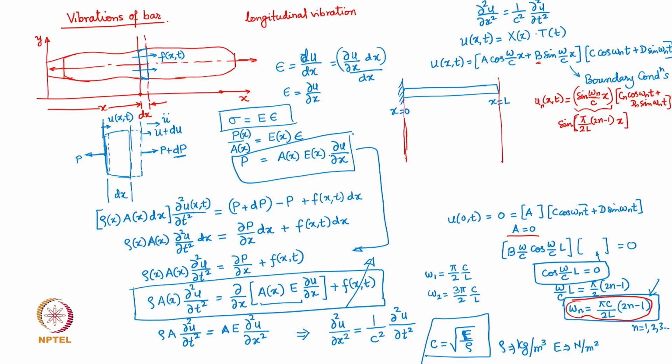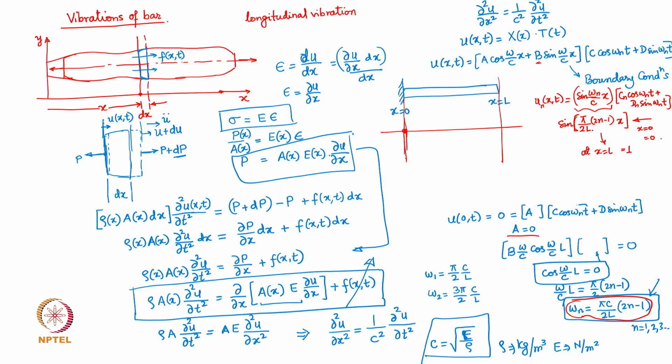So at x equal to 0, for the first mode shape, what is the value of the displacement? It's going to be 0, since sine of this term at x equal to 0 is 0. What happens at x equal to L? It's going to be equal to 1.